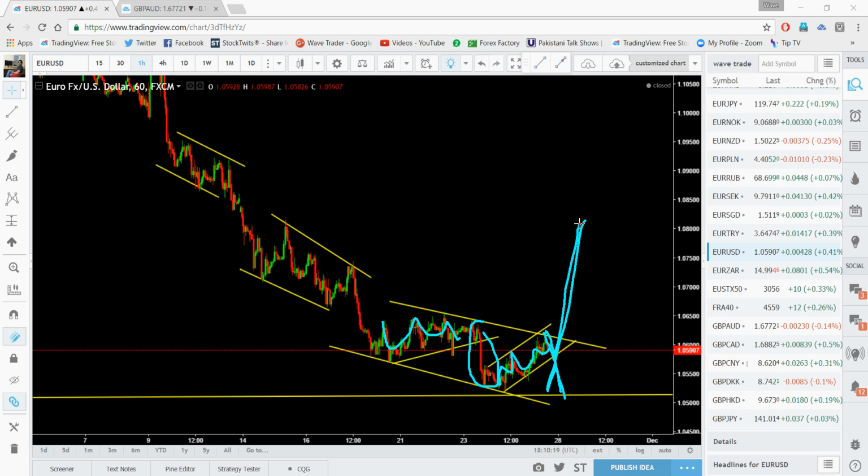If so, then you need to look for the buy. You need to look to join that impulsive wave to the upside, and if you miss that, then look for the continuation, because you are looking to hold your trade for a shorter period of time. All right, so be careful.